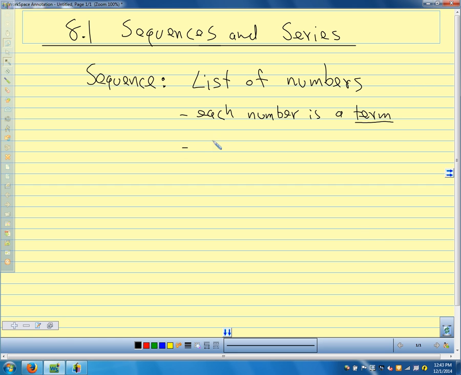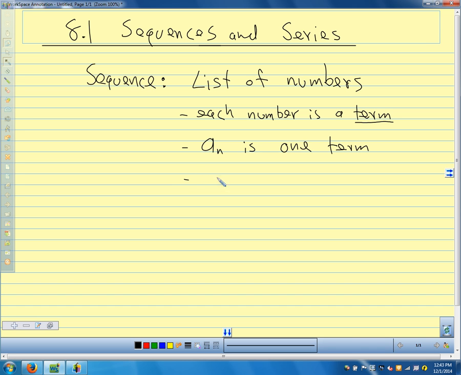If we put the terms, we would say a sub n. The n tells us which term: a sub 1, a sub 2, first, second, third, etc. A sub n is one term. So the n tells us which term.